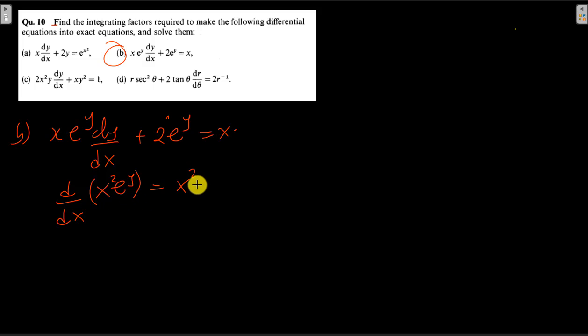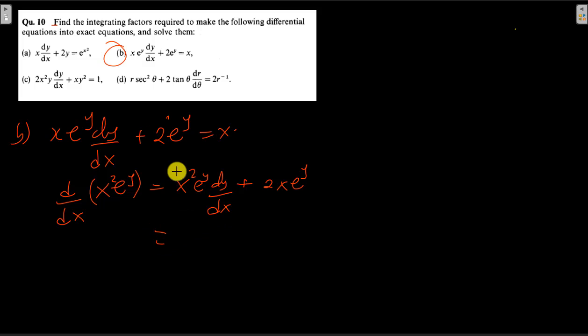The derivative of exponent y is exponent y dy dx plus, now let's keep exponent y as a constant. The derivative in that case is 2x. Okay, let's write this as exponent y. The derivative is 2x. Okay, there we go.